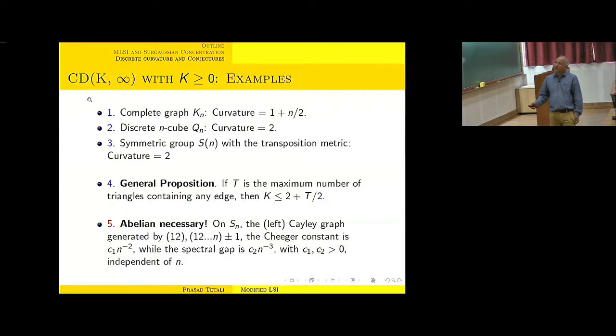We also found in the literature an example where you did not have abelianness, and Diaconis and Saloff-Coste computed the spectral gap and the Cheeger constant, and indeed it doesn't satisfy it. If I look at the spectral gap, order 1 over n cubed, it's not bounded from above by the square of Cheeger. That would have been 1 over n to the 4. Okay, there's an example.